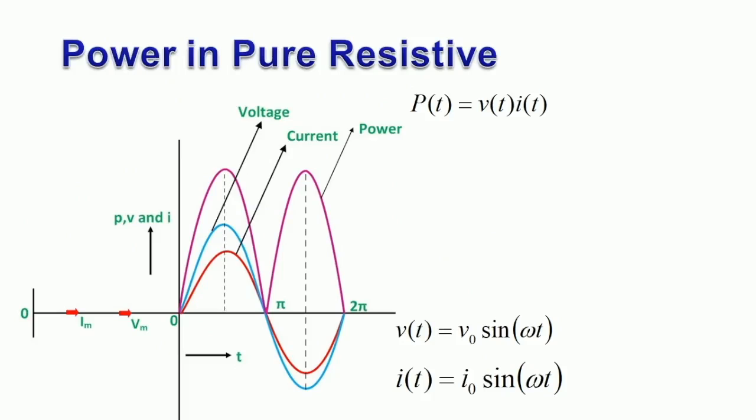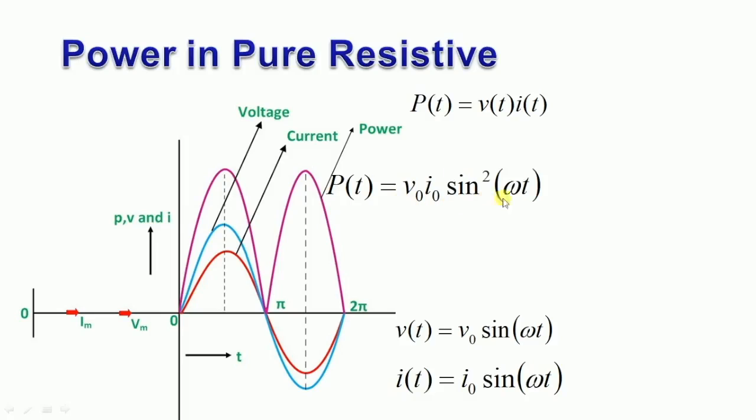Now power in the circuit. Power P of t we can define as V of t into I of t. Normally in the electrical circuits, power we define as current into voltage. So we have two sine wave signals of different amplitude but same omega. So the equation of power becomes P of t equal to V0 I0 into sine square omega t.